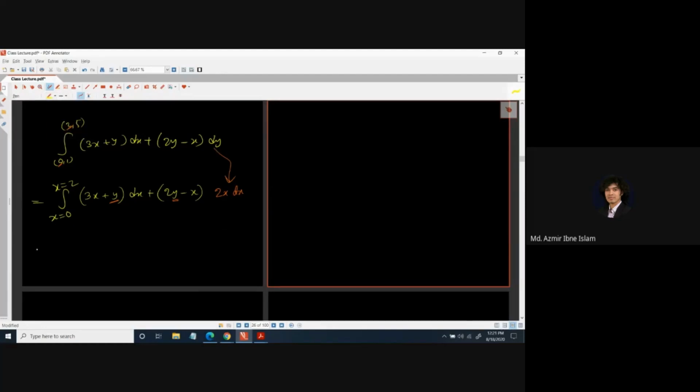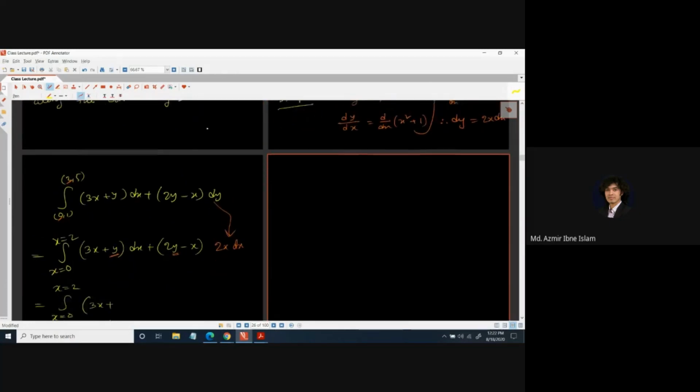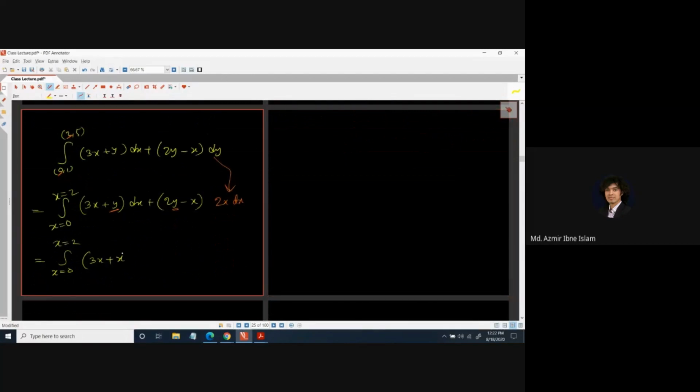So the integration from x equal to 0 to x equal to 2 of 3x plus x squared plus 1, where we have y we plug in the function x squared plus 1. Again the same thing: y is x squared plus 1, negative x, and we have 2x dx.